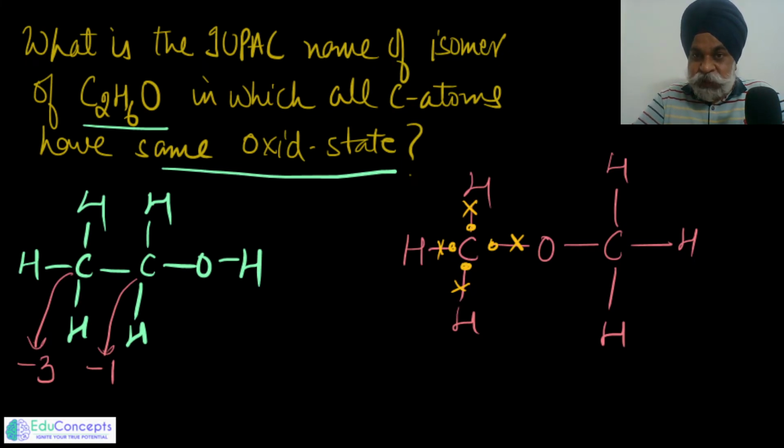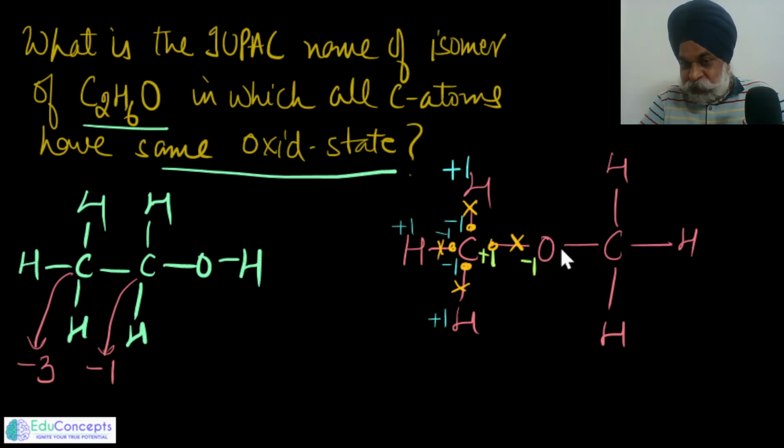This hydrogen would definitely carry +1 oxidation state, and this is -1. This also is +1, this is -1, this is -1, this is +1. But from this particular bond, if you look carefully, this bond would have carbon in +1, this in -1. And the same story is on this side because it is chemically identical bonding.